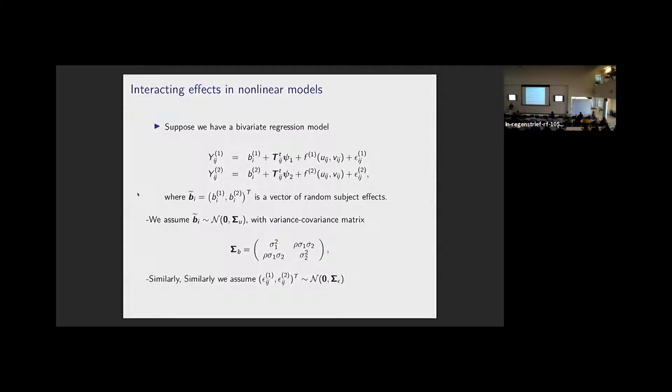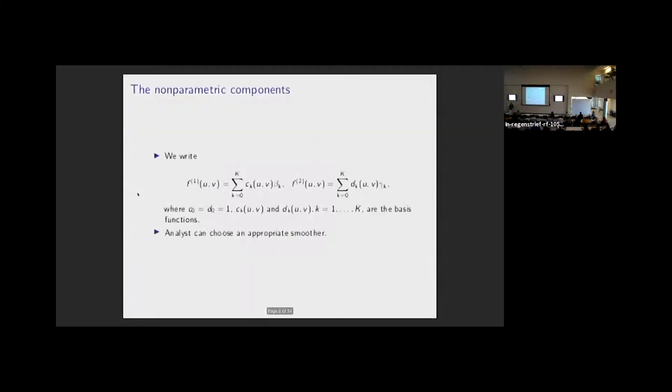U and V are the other factors. And we model U and V's effects on Y1 and on Y2, but we do not specify what type of association it is. So we leave it as a function. We're trying to use what we call non-parametric methods to estimate these functions. Okay, that's all I think I need to say about this.